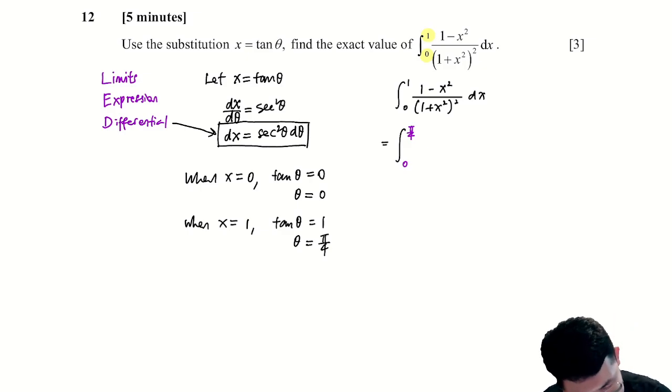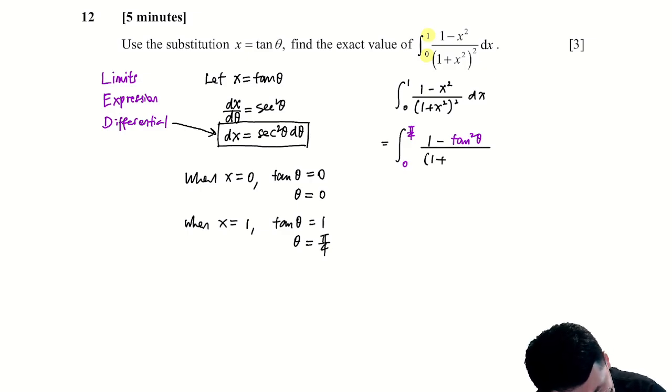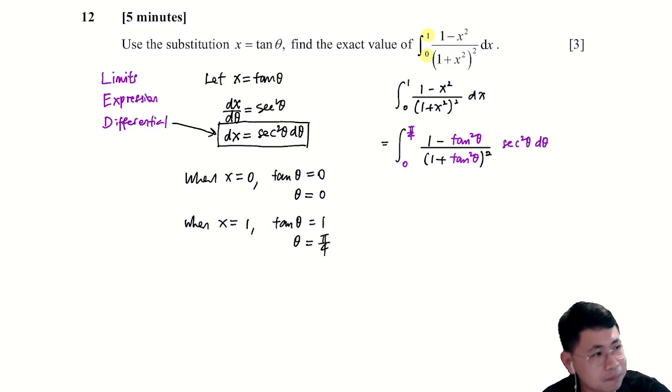Then 1 minus x square, I will have tangent square theta. Below, I will have 1 plus x square again, so 1 plus tangent square theta, whole thing squared, and then dx I will replace with secant square theta d theta.